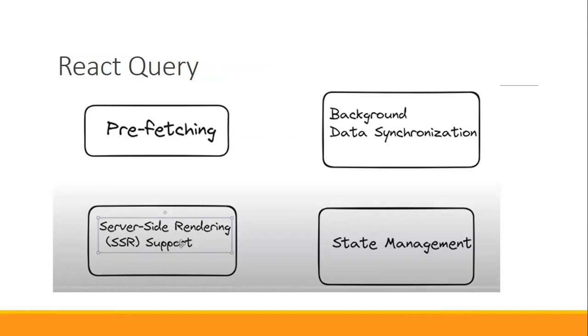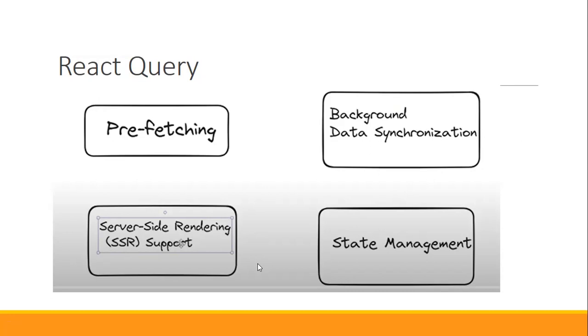State management: we rarely use useState and useEffect kinds of hooks in React Query, because state management is done automatically by React Query. So these are some features which are very good and which improve the functionality and productivity of your application, and which are supported by React Query. That's why it is highly recommended to understand React Query properly.